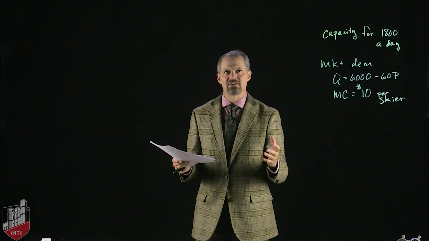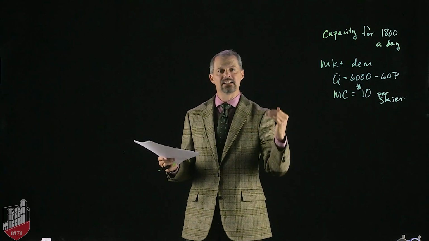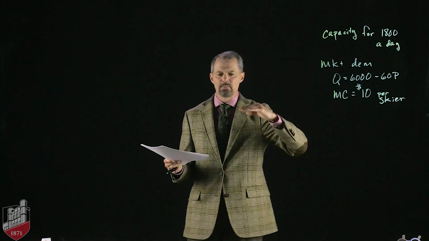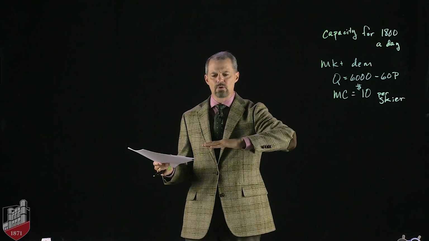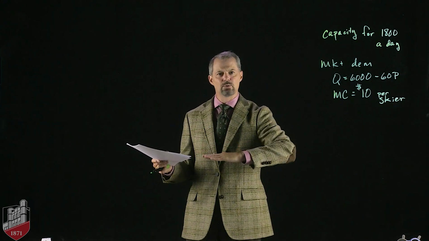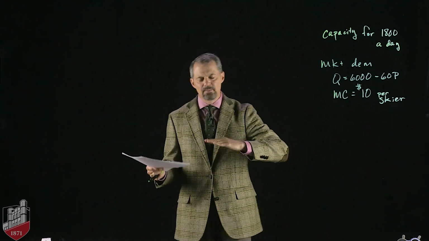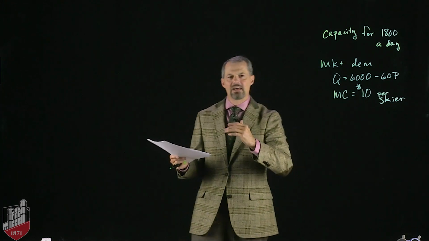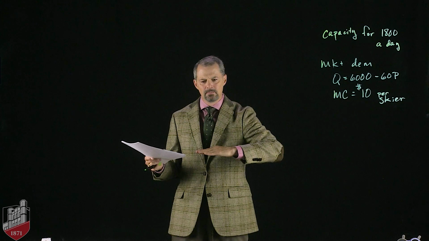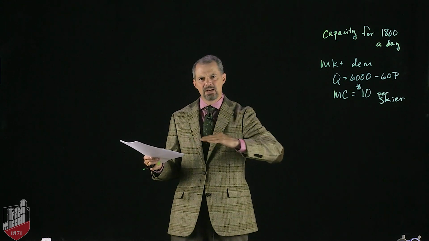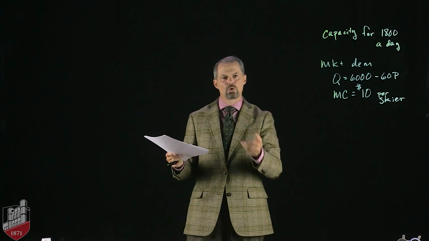Think about the situation where there's a price ceiling in a market. Remember, a price ceiling is a situation where the government sets price below the equilibrium. And the problem that creates in the market is that at that price below equilibrium, quantity demanded is going to be higher than quantity supplied. You're going to have a shortage of the good.